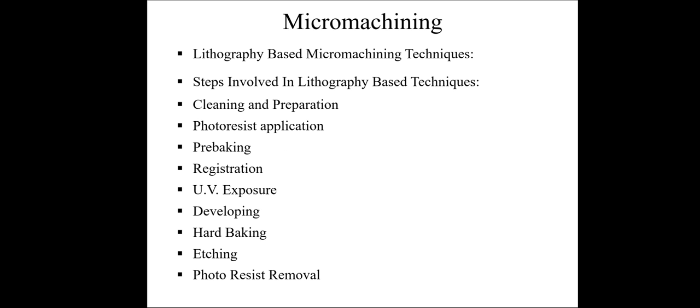Next step is hard baking. After the exposure and development sequence, the wafer is hot baked to harden the remaining photoresist and improve adhesion of the photoresist to the wafer surface. In addition, a deep UV treatment further strengthens the resist against high energy implants and dry etches. Next step is etching.